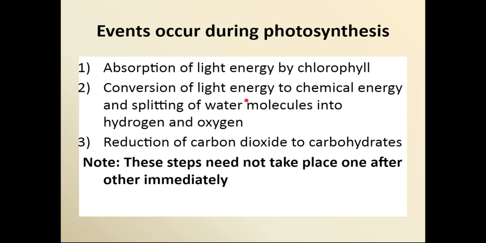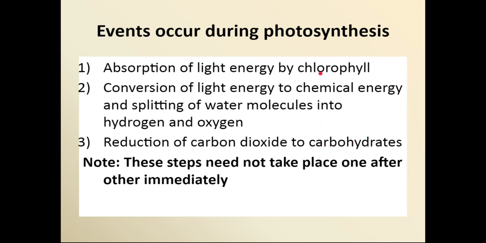The water molecule, H2O, is split into hydrogen, that is H2, and oxygen, that is O2. Then reduction of carbon dioxide to carbohydrate. This is a very, very important step. This is the formation of carbohydrate, for which the whole process of photosynthesis is devoted.